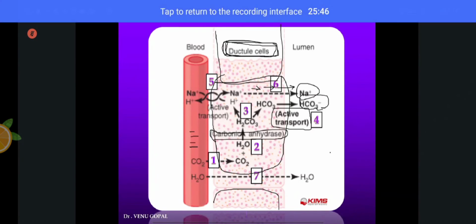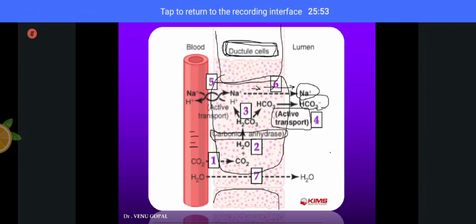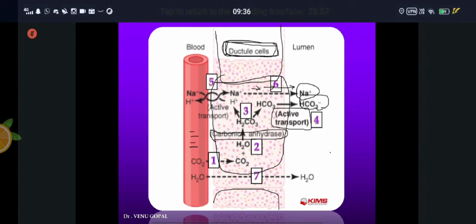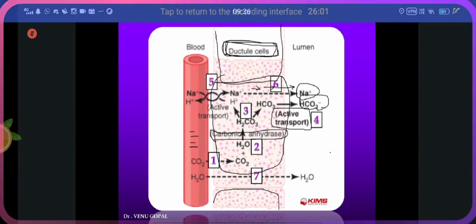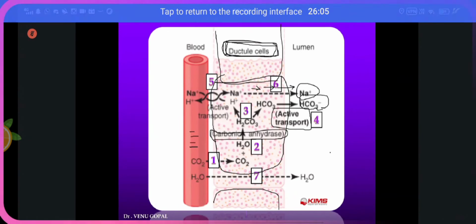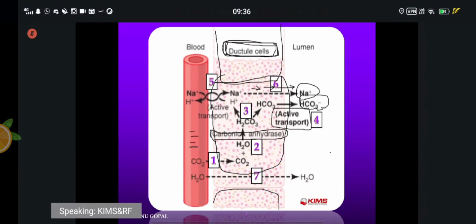Step number 5 is H plus pumped out, sodium taken in, and that sodium diffuses out into the lumen again by step 6. Then if everything goes into the lumen, by osmotic drag water also flows by diffusion. That is osmosis. This you need to draw if it is a question related to pancreatic juice in the essay question segment.